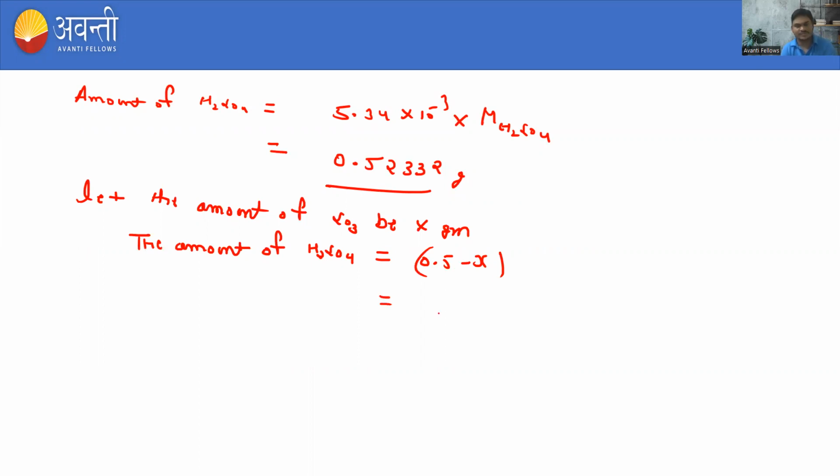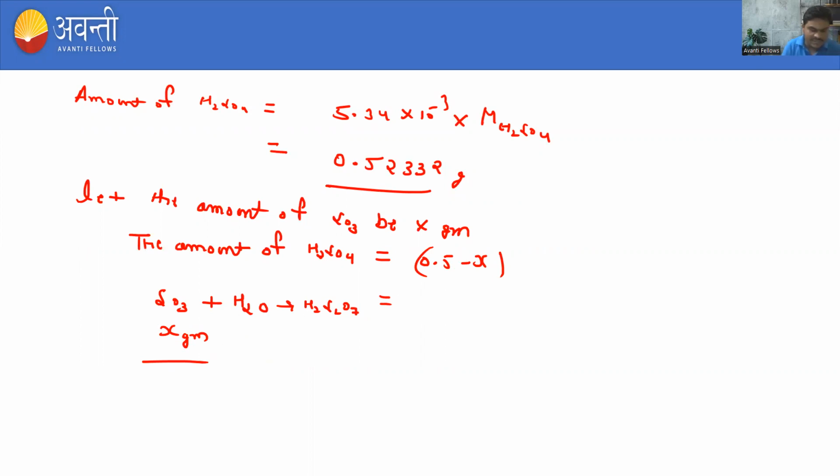We know from the equation that oleum is made up of SO3 plus H2SO4, so this is how you can make oleum, H2S2O7. So assume SO3 to be X gram.